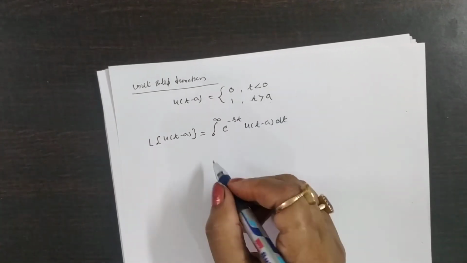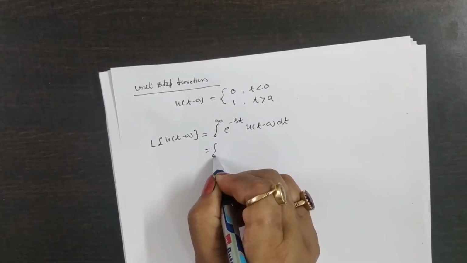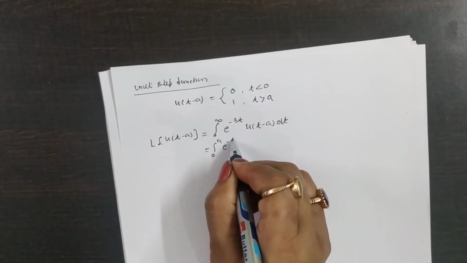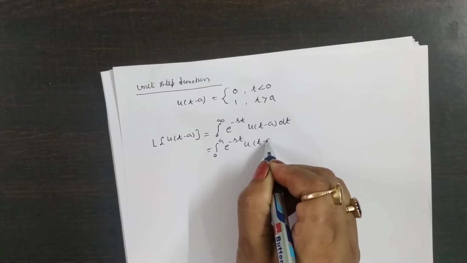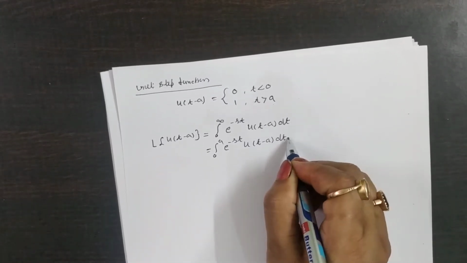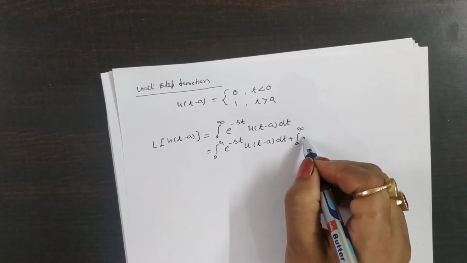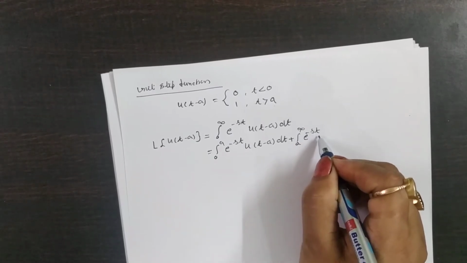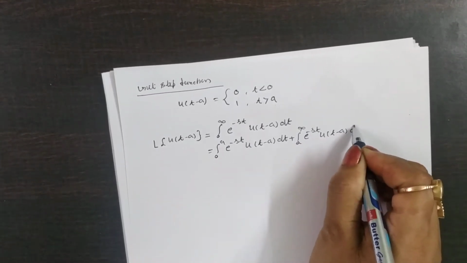So we break this integral in the form: integral from 0 to a of e to the power minus st u(t minus a) dt, plus integral from a to infinity of e to the power minus st u(t minus a) dt.